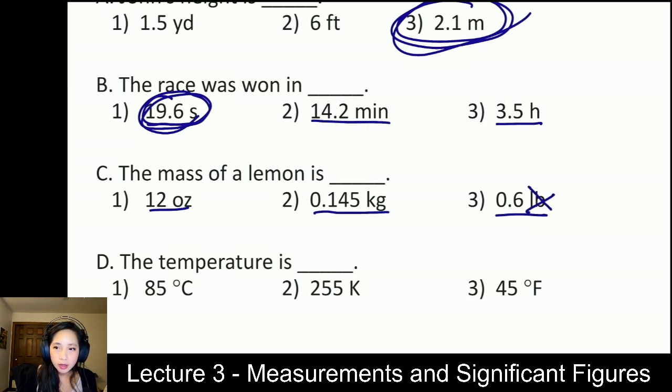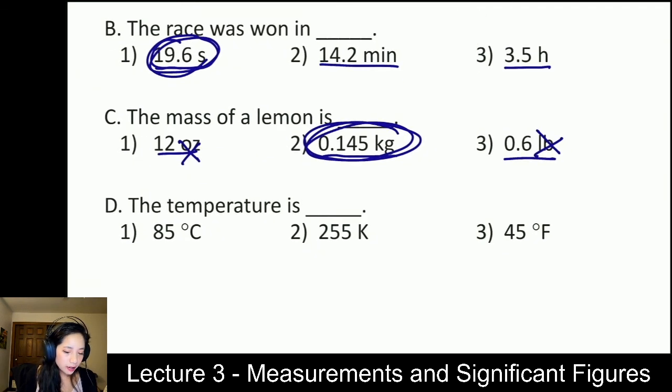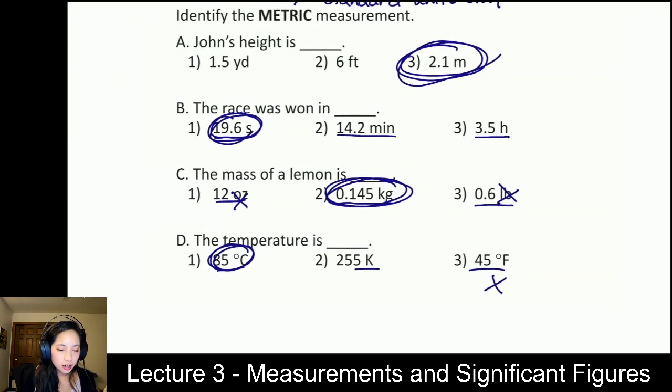Pounds is imperial. Ounces, I think, are also imperial. So kilogram is our metric unit. Temperature is 85 degrees Celsius, 255 Kelvin, or 45 degrees Fahrenheit. We know Fahrenheit is imperial. We haven't talked about Kelvin yet. That is not the standard metric unit. So here, 85 degrees Celsius is our metric unit.